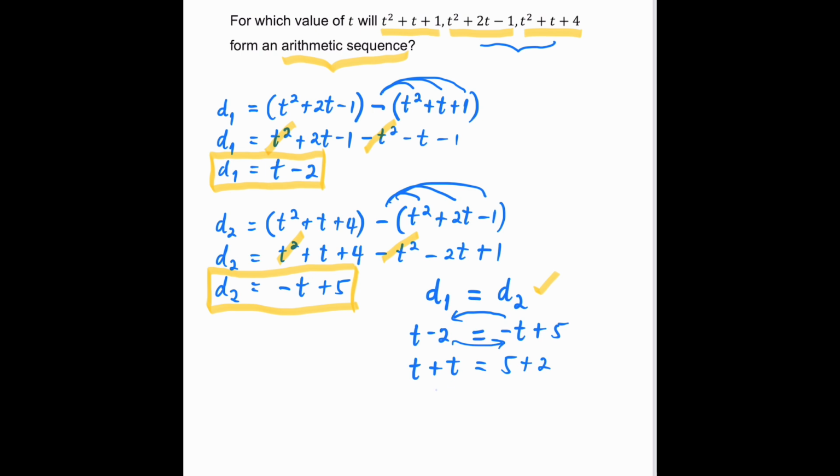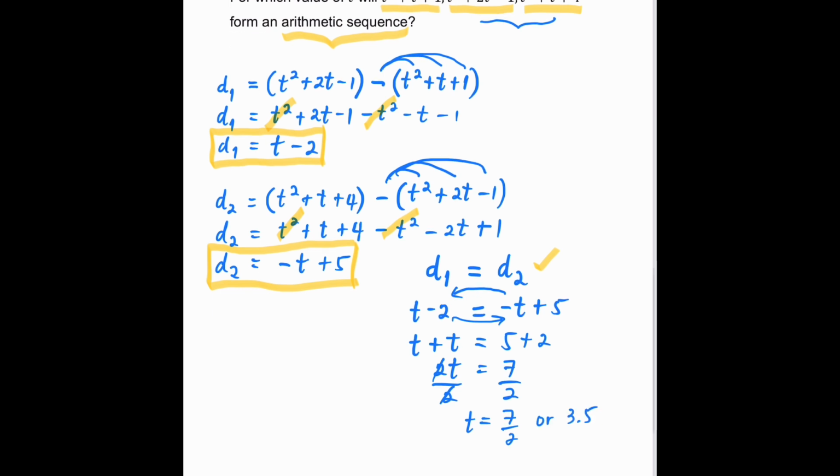So t plus t is 2t equals 7. Divide both sides by 2, and we'll have t equals 7 over 2 or 3.5. All right, so that's it. If you want to verify and check if it's really an arithmetic sequence, then I suggest that you substitute 7 over 2 to each variable t.